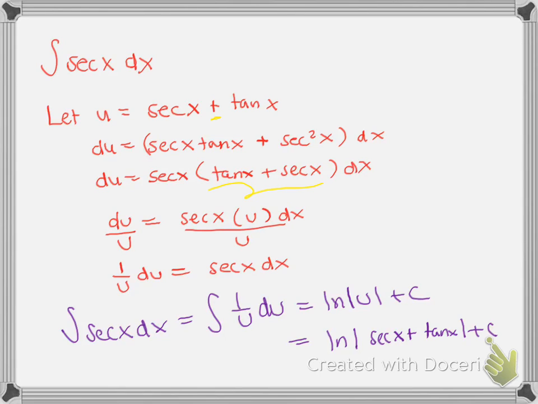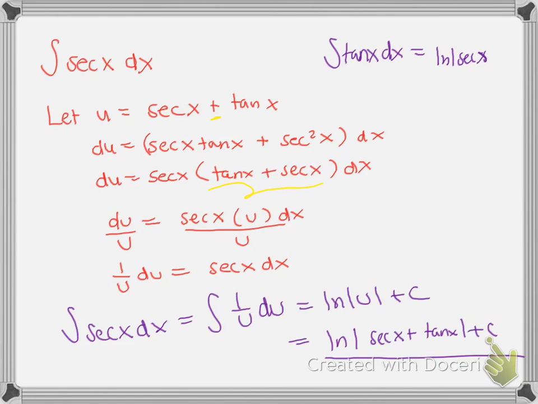Wow, you all are now math magicians. And so we have this nice integral here. So this you need to put to memory, along with, of course, we already proved that the integral of tangent x was the natural log of the absolute value of secant x, plus c.